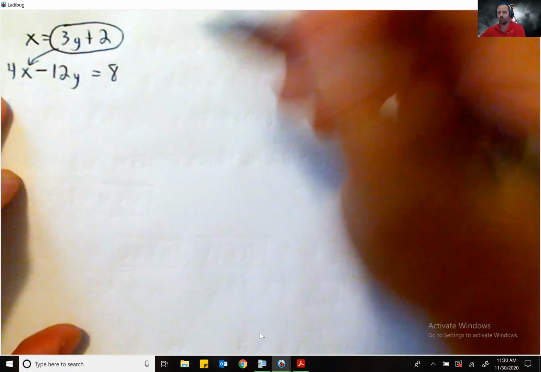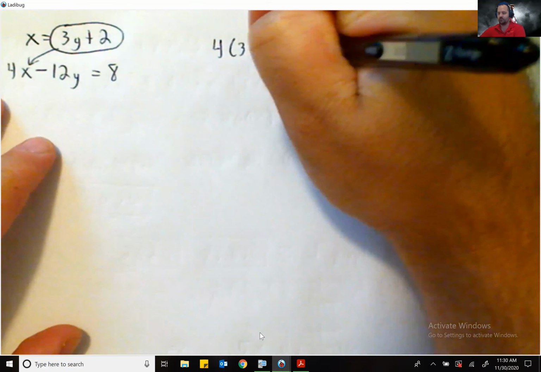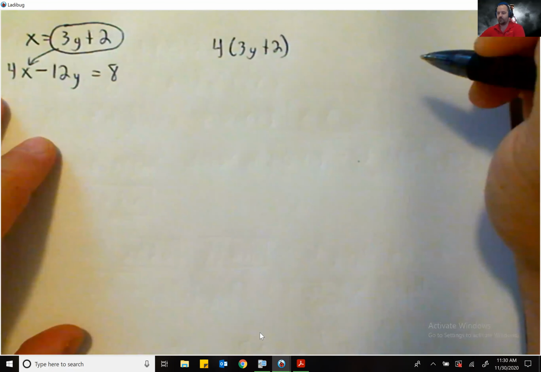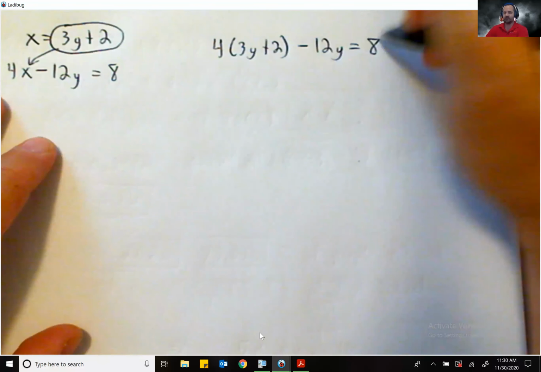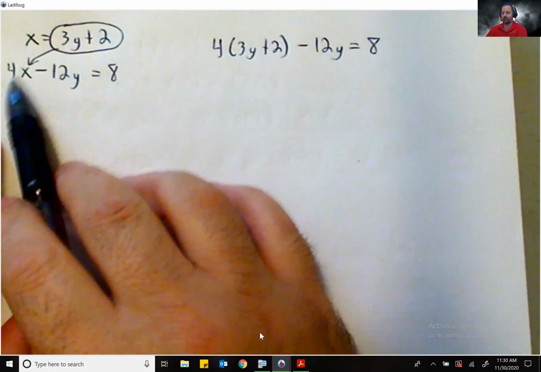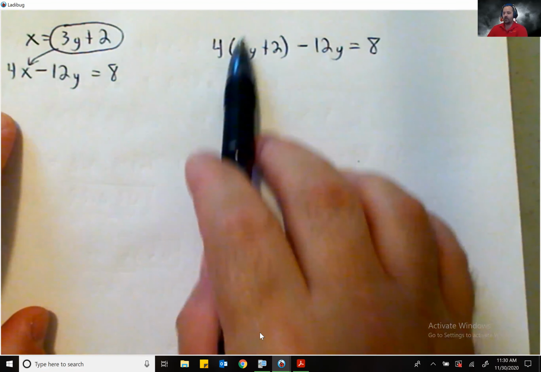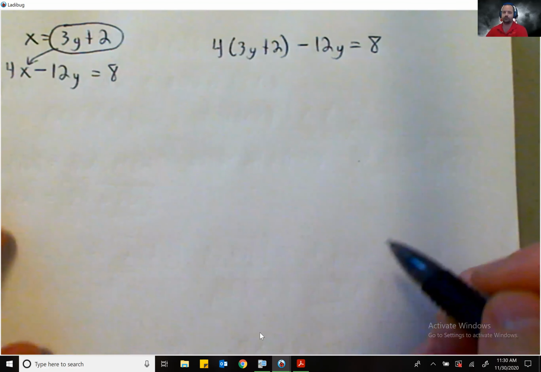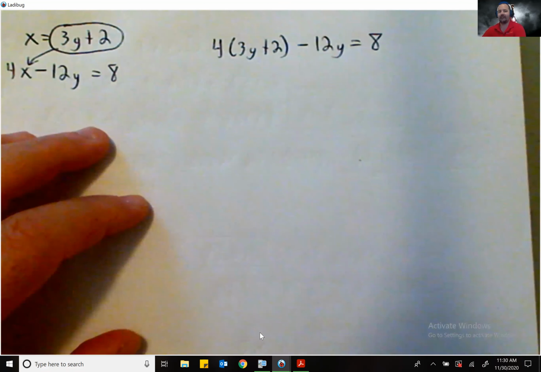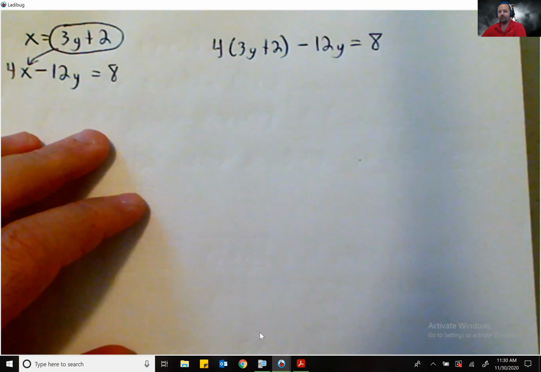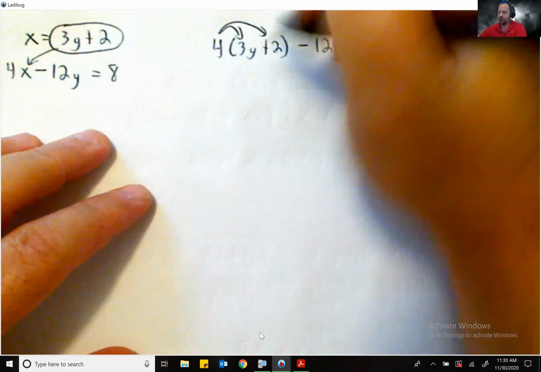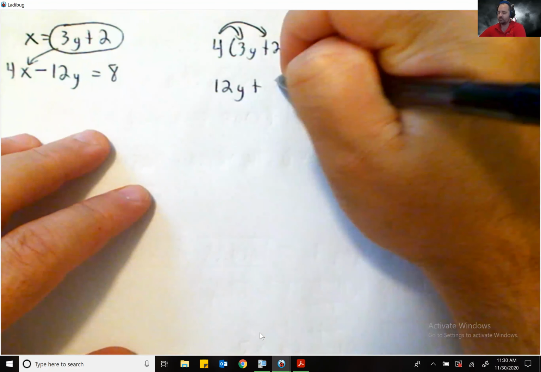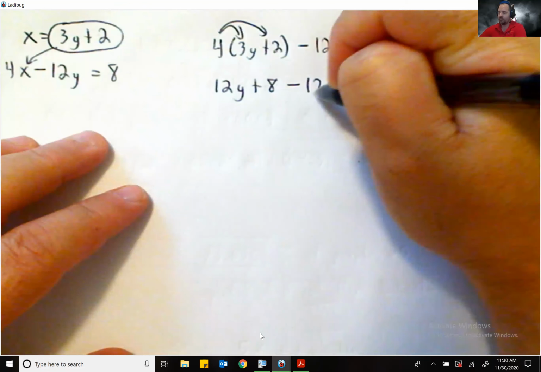So we're going to have 4 parenthesis 3y plus 2 minus 12y equal to 8. All I did was take the 3y plus 2 and plug it in for my x. This used to be x. And so let's solve. What are we going to do now? How do we solve this? Distribute the 4. You got it. So that'll give us 12y plus 8 minus 12y equals 8.